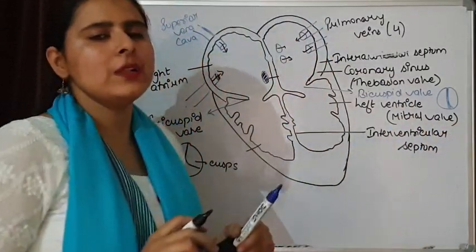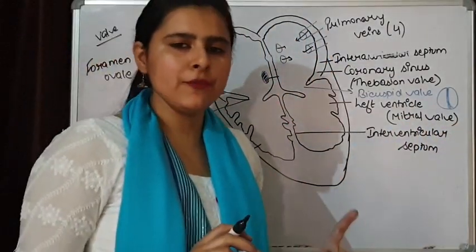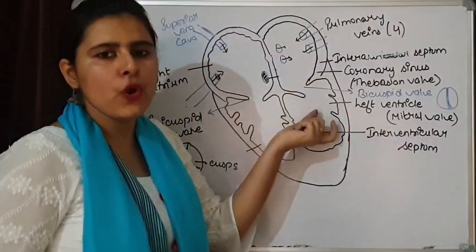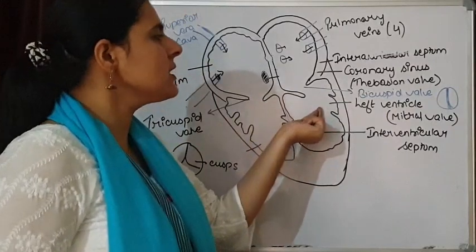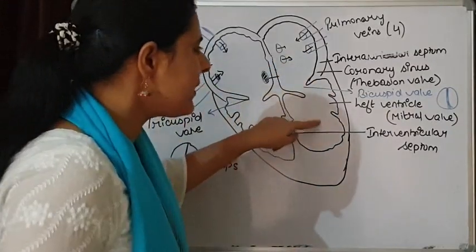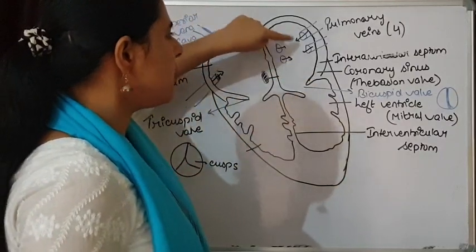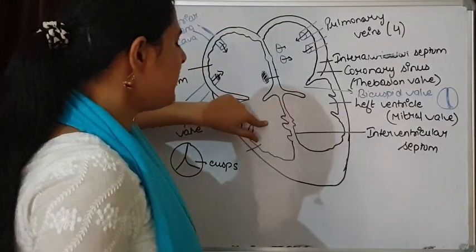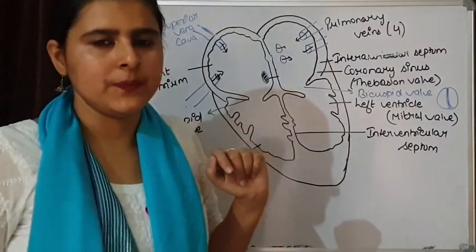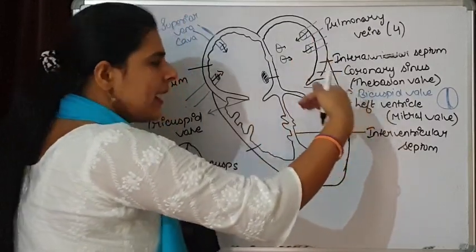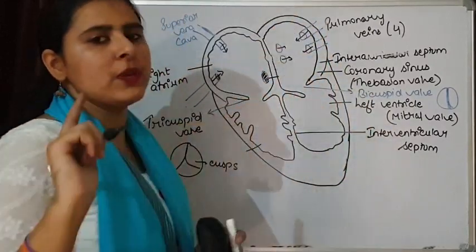Again, these two valves perform the same function. They prevent the backflow of blood from the ventricles to their respective atria. From the left ventricle, it prevents the blood from going into the left atrium, and from the right ventricle to the right atrium. They only open in one direction, downwards, and the backward movement is prevented.